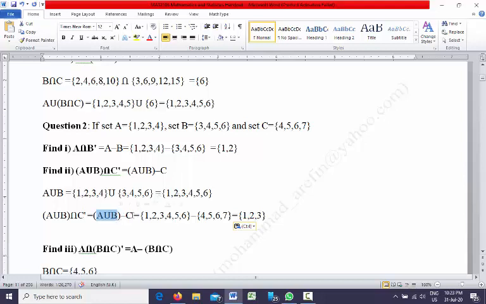So from this one we will remove any elements of C, that is A union B, bracket, intersection C prime.